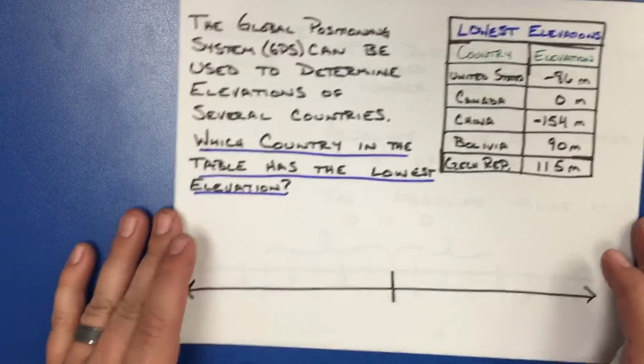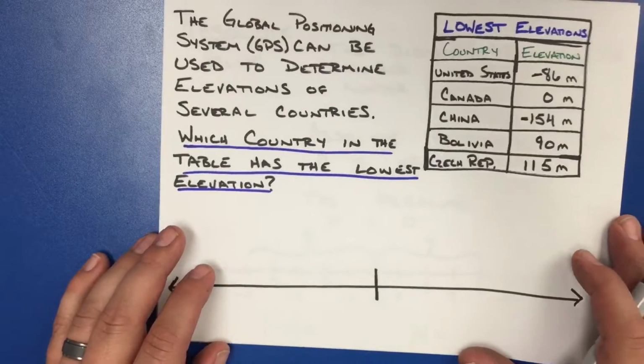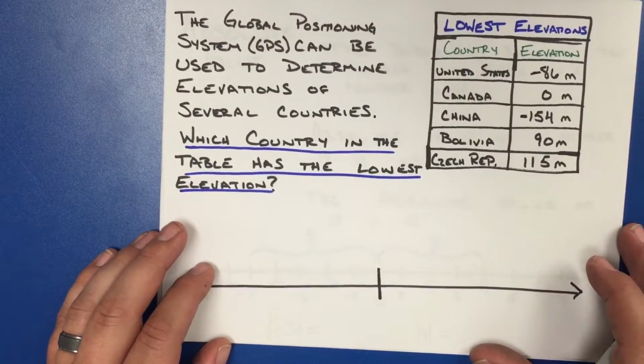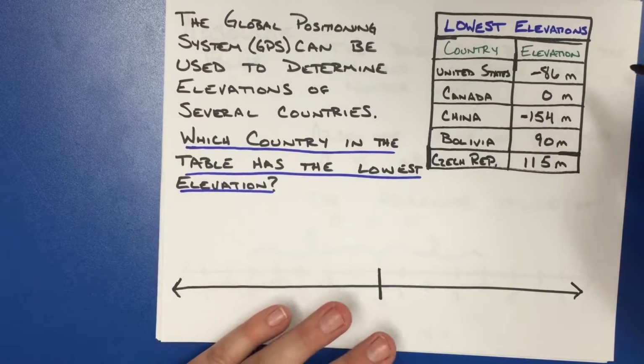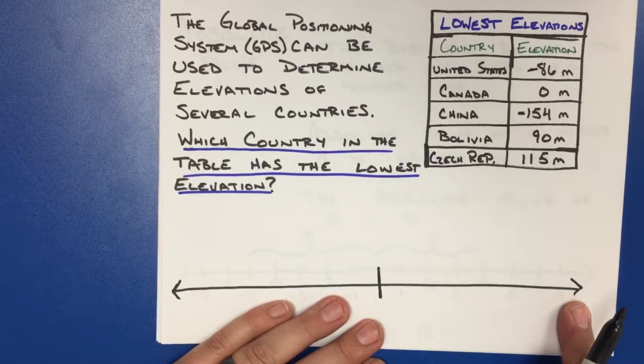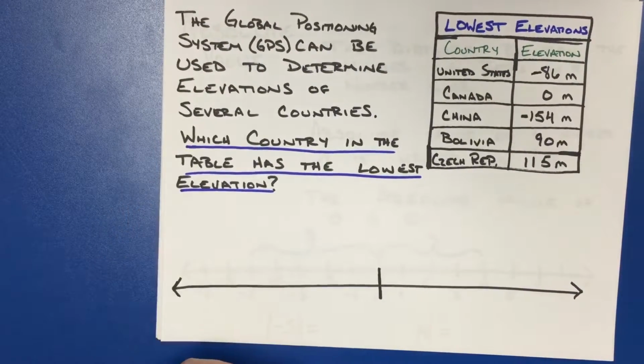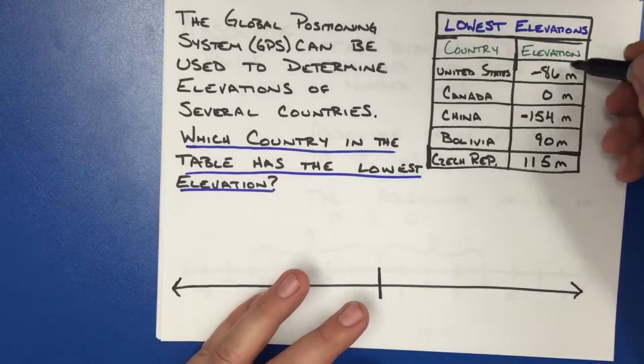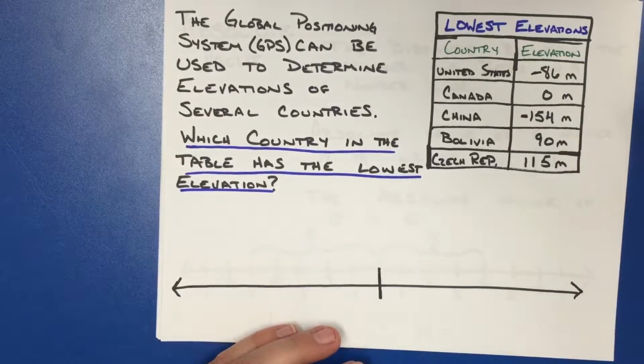First, we have to set up our number line, and I've got one started here, but I don't have it filled out. As I look at this, I've got to make sure that I include values that go far enough to the right or far enough to the left that encompass all of these values.